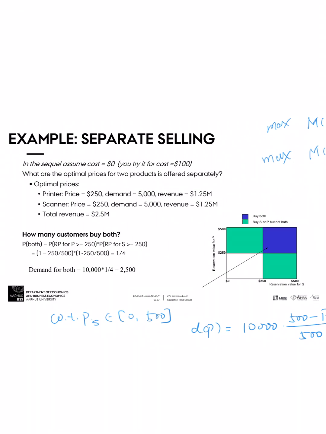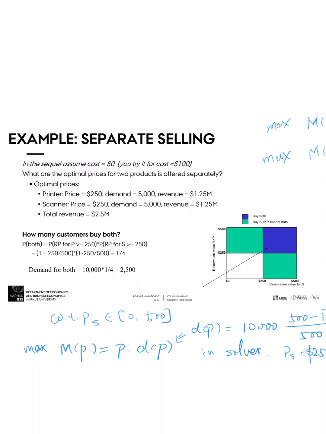Rearranging, it's 20 times (500 minus P). Then we know the revenue is P times D(P). You can use this to solve the problem in Solver. We have done that many times, so you will get P_S equals $250 per unit.